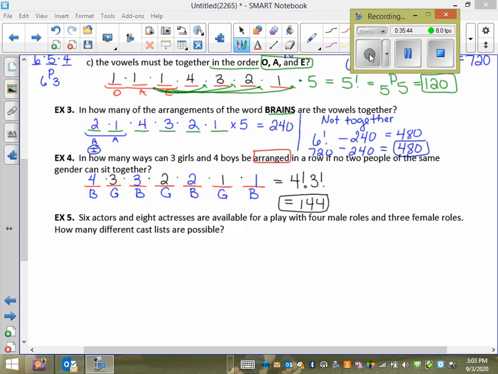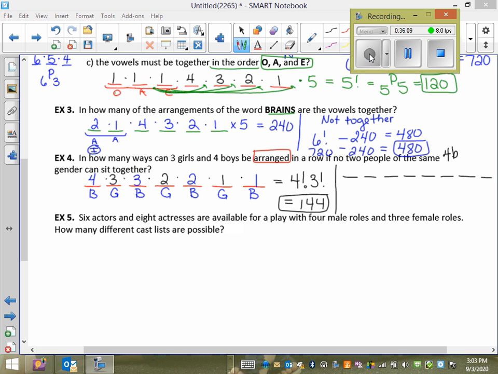Girl. If you looked at a picture, if it started with boys, it went boy, girl, boy, girl, boy, girl, boy, girl. Or you saw a picture and it went girl, boy, girl, boy, girl, boy, girl, boy. Would it look different? Yep. So most of you will get half the cases. When it's 3 and 4, it's easy. You can only arrange them one way. When it's 4 and 4, 1, 2, 3, 4, 5, 6, 7, 8.